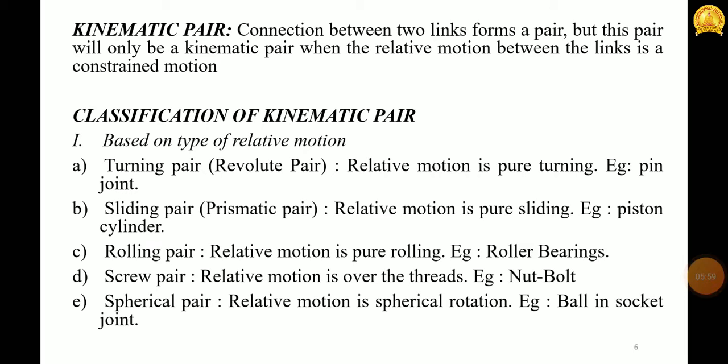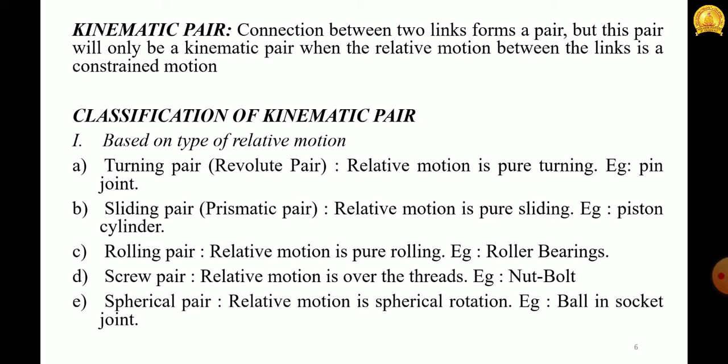Based on the type of relative motion, kinematic pairs are classified as turning pair, sliding pair, rolling pair, screw pair, and spherical pair. Turning pair. When one link has turning or revolving motion relative to the other, they constitute a turning or revolving pair. For example, circular shaft revolving in a bearing.